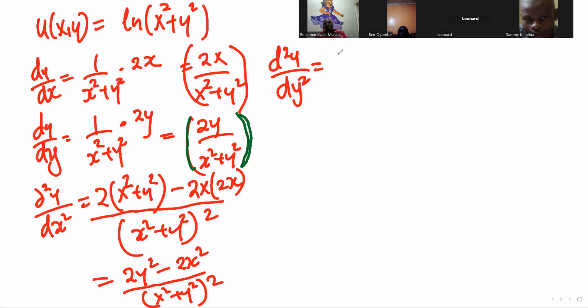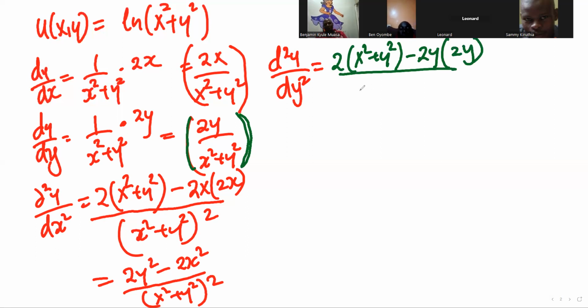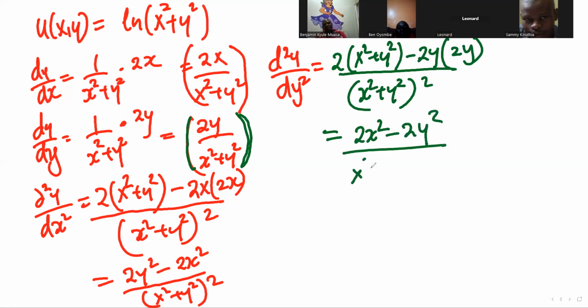The differentiation of 2y is 2, then you copy the bottom the way it is, x squared plus y squared, minus you copy the top the way it is, y, then 2y, like that, out of x squared plus y squared, then you square. When you expand this one, it becomes 2x squared minus 2y squared out of x squared plus y squared, then you square.